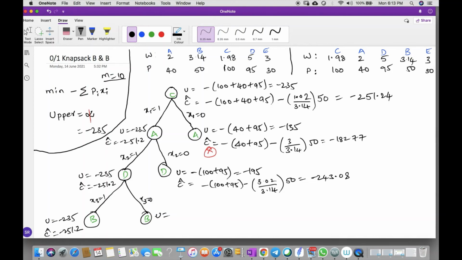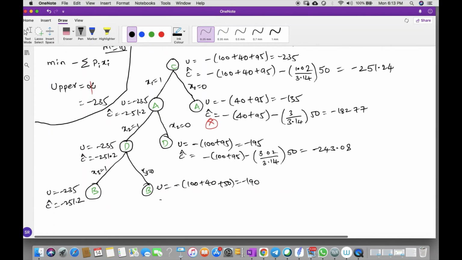So let us compute the upper bound for this. So minus of 100 plus 40, and we can also include 50, which sums up to minus 190, whereas C cap value would be exactly the same as earlier, but we also have the fractional part.